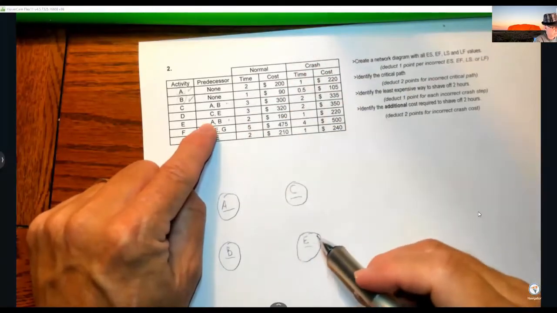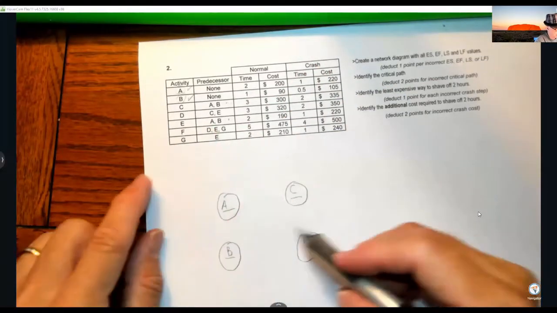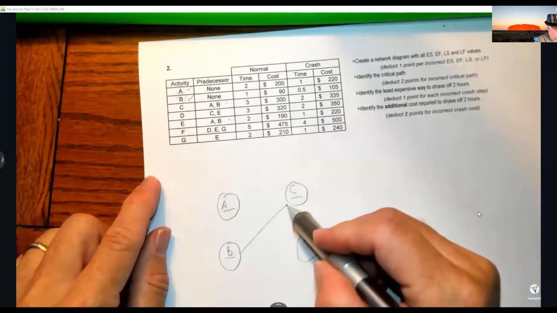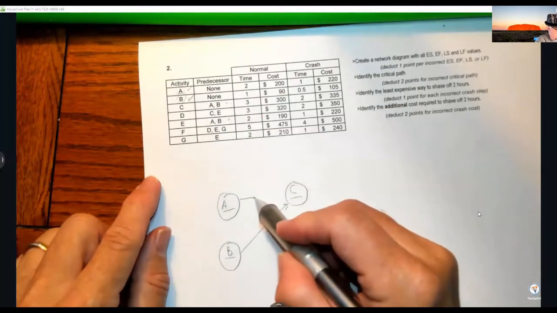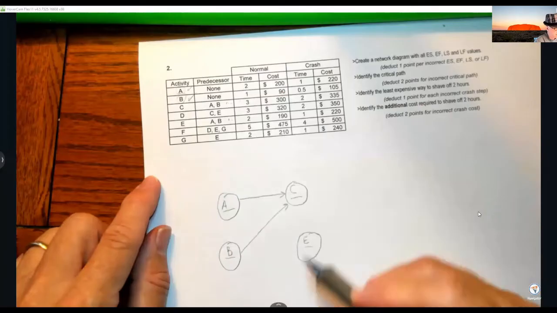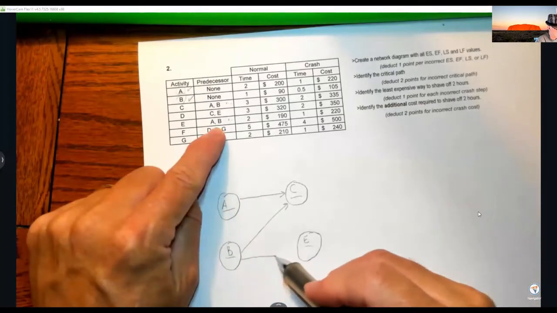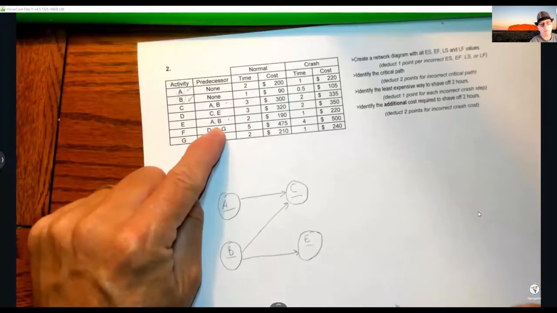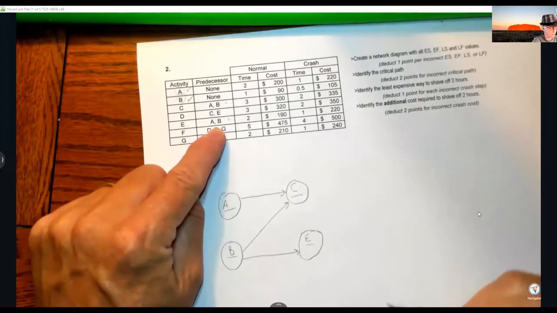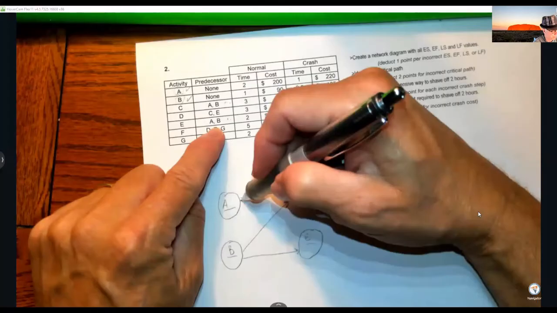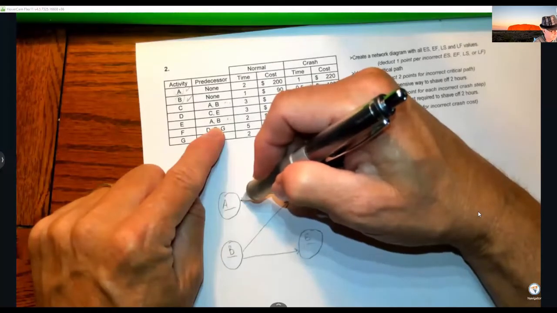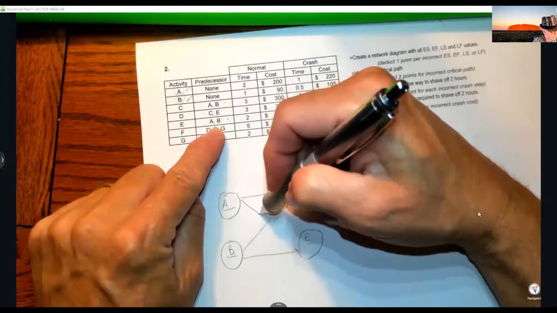So what I do is I say, go. C goes to A, B. Well, guess what? We go there and we go there. And then E goes from A and B. Well, we go there. And this is a little bit of an electrical engineering trick to keep yourself straight, because it's hard to get around there without making a mess.